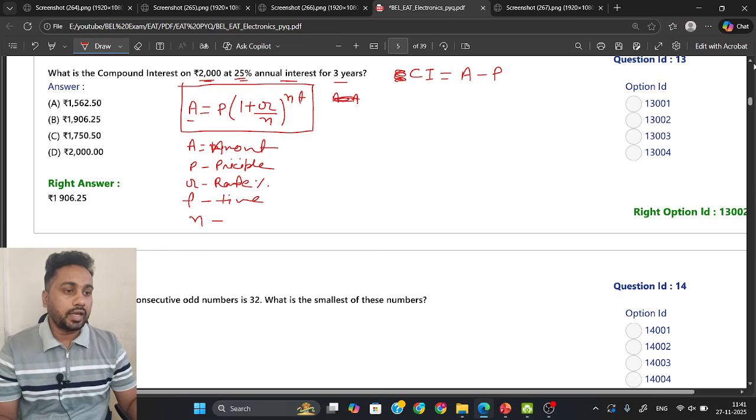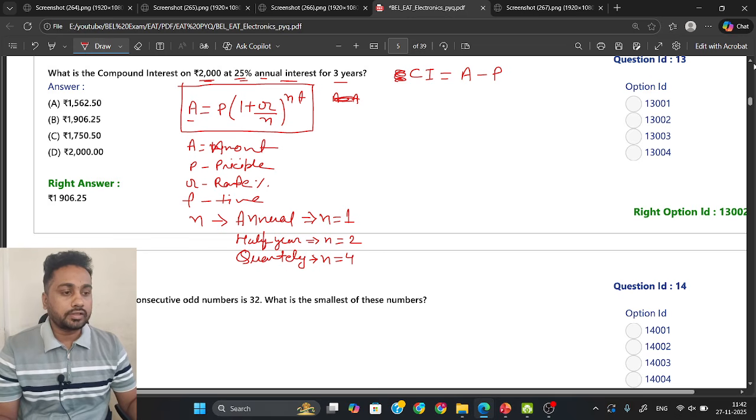Now this N is the number of times interest is compounded. When they ask for annual, like here they have mentioned annual interest, then you need to put n as 1. Sometimes they will ask for half year, so then you need to put n as 2. Then sometimes they will ask quarterly, so for quarterly you need to write n as 4.